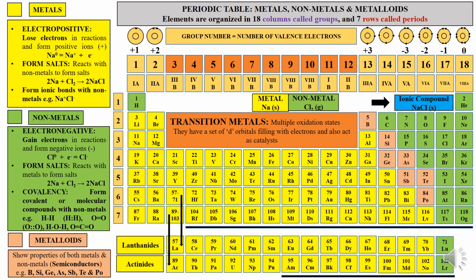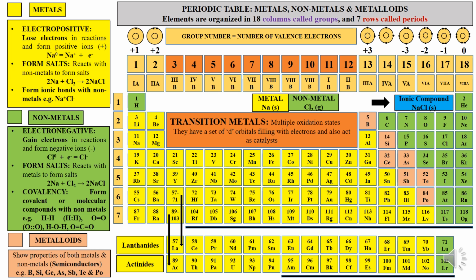Group 3 to group 12 elements, also called transition metals, because of their multiple oxidation states, form positive ions with different charges, with +1, +2 and +3 charge being the most common ones.